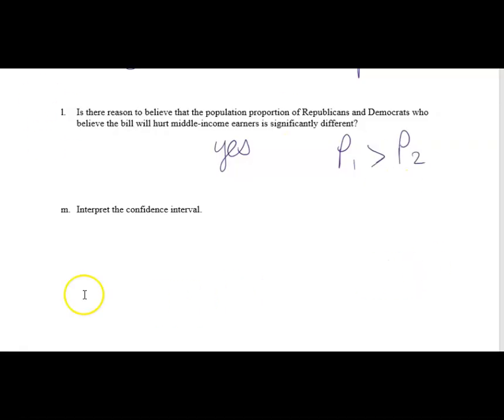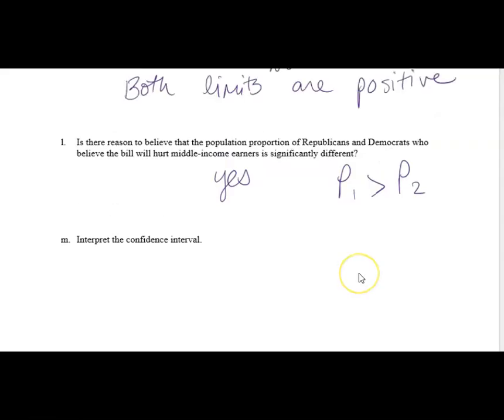Let's go ahead and do a quick interpretation for the interval. So we know that the population proportion of Democrats who believe that this bill would be harmful is going to be higher. So let's write this down.